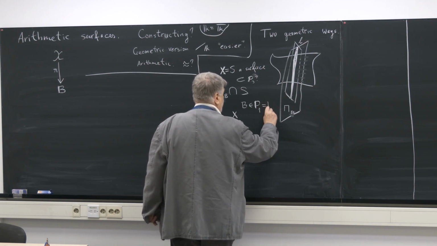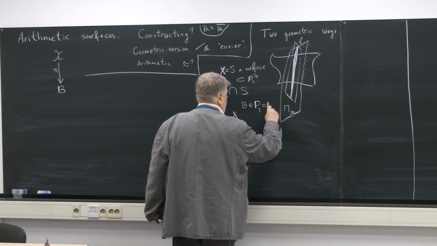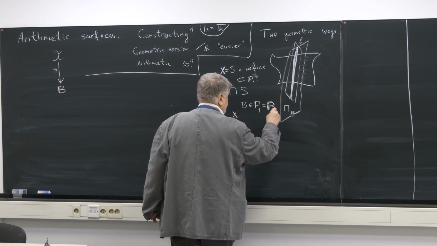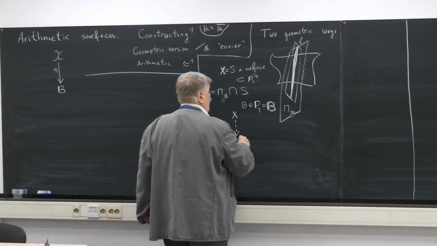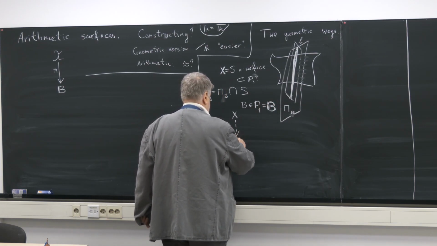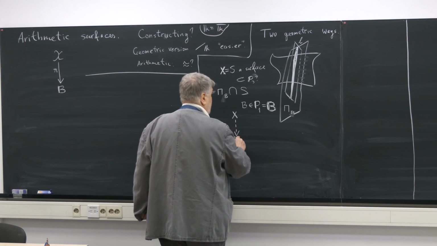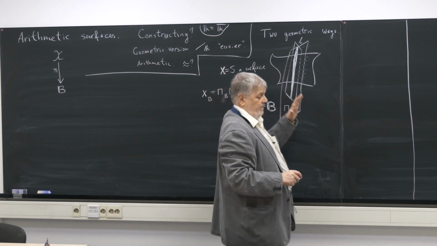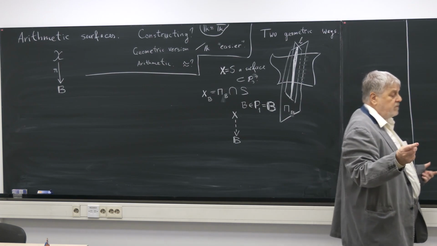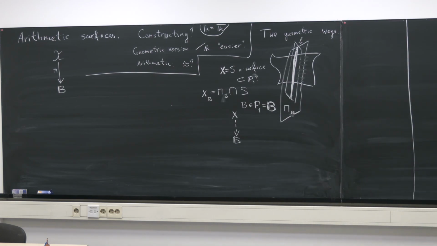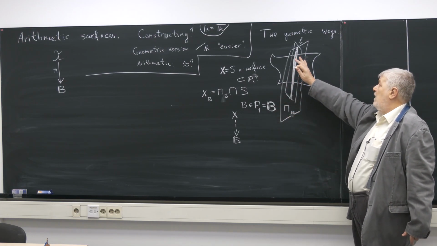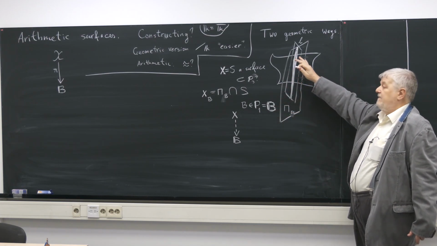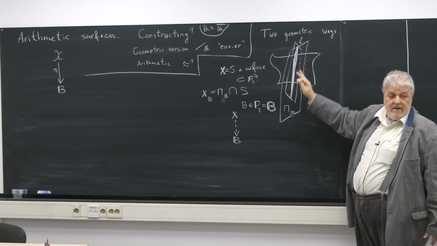So the base is B, and the arrow is of course broken for two reasons. The first reason is that this projection is obviously not defined on the line itself.